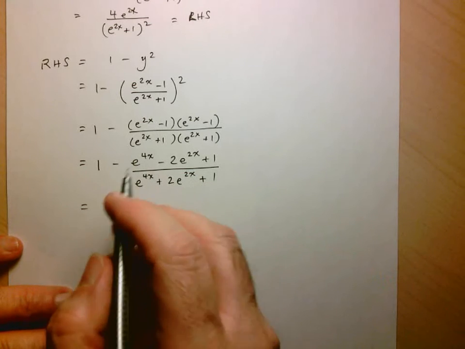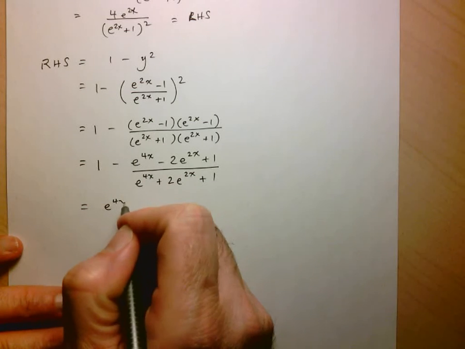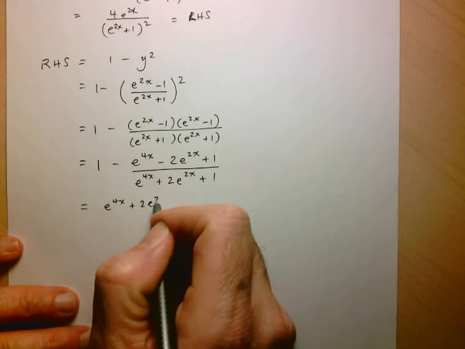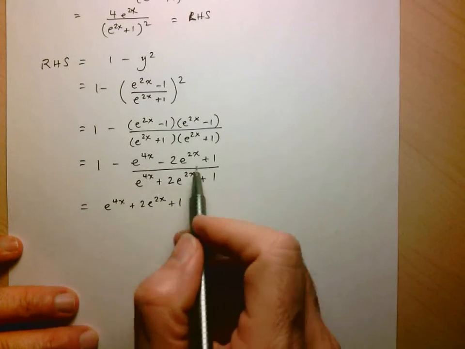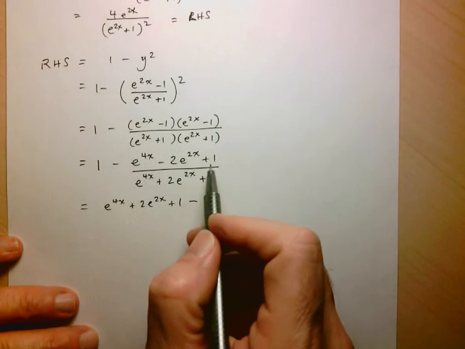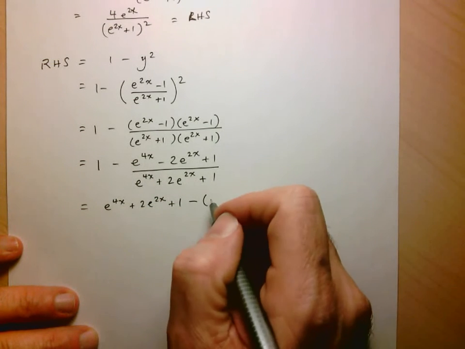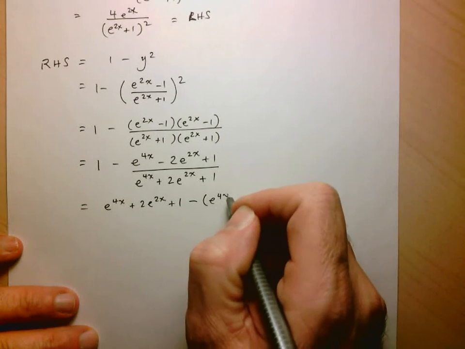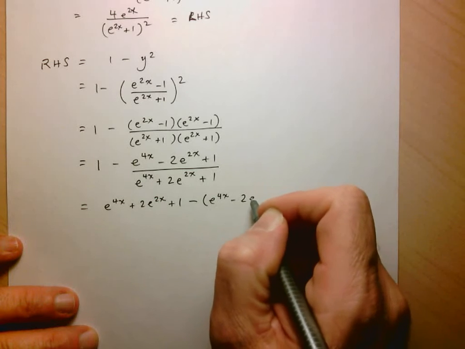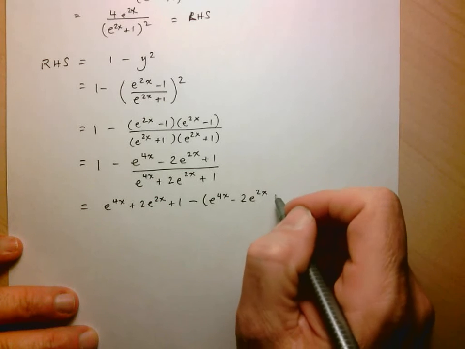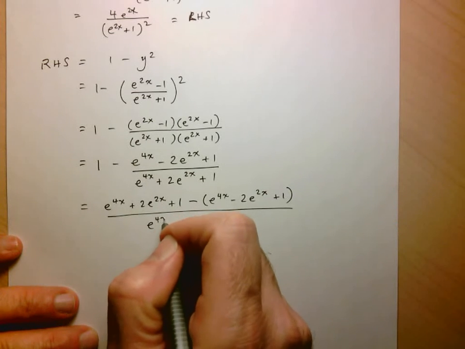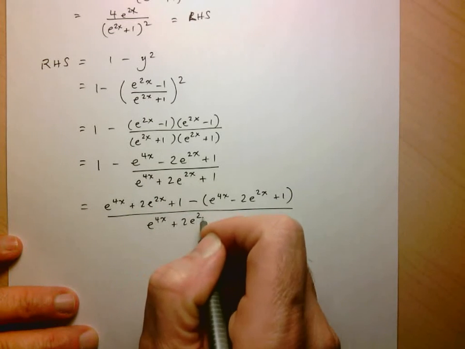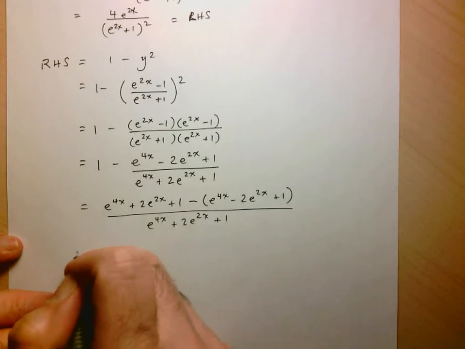So times 1, so I have e to the 4x plus 2e to the 2x plus 1 minus, now remember I'm subtracting this whole expression, so make sure you put that in brackets, e to the 4x minus 2e to the 2x plus 1, all over e to the 4x plus 2e to the 2x plus 1.